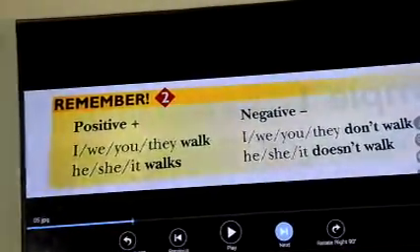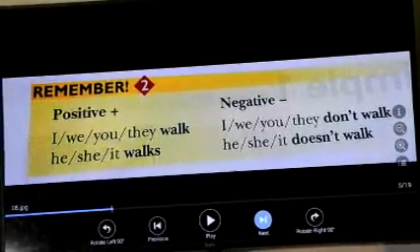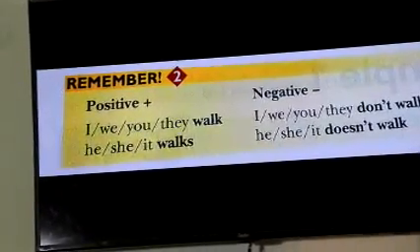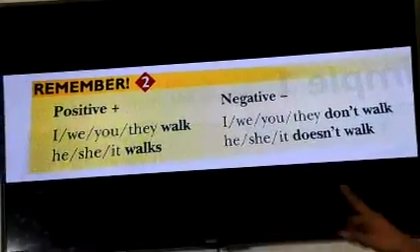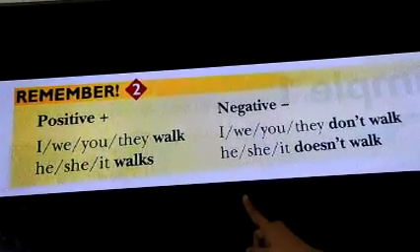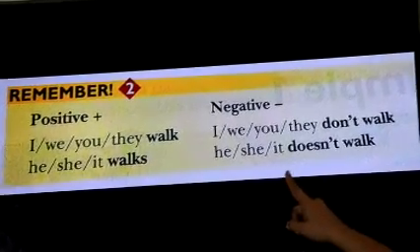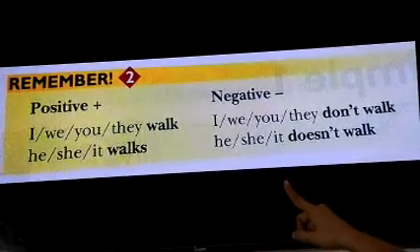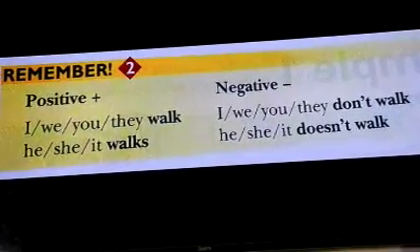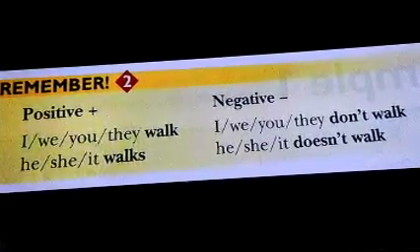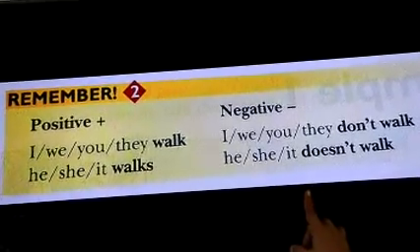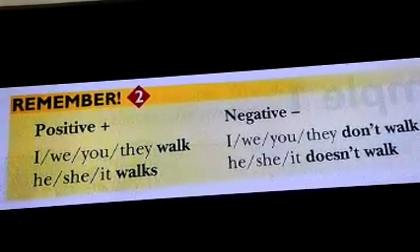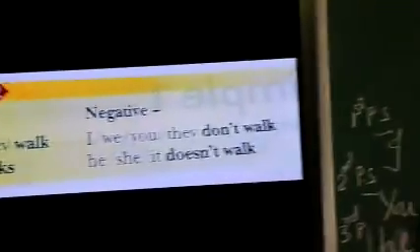Now, this is what I was telling you about. You don't have to confuse yourself too much. I, we, you, they, when the sentence is positive, will always take the base form of the verb. I walk. You walk.